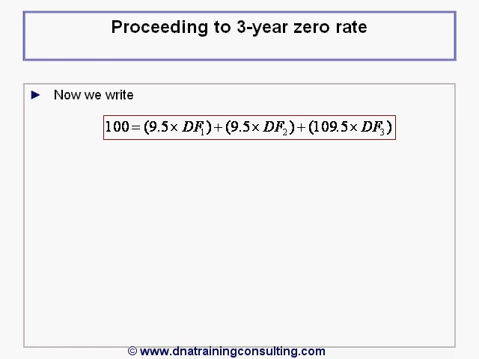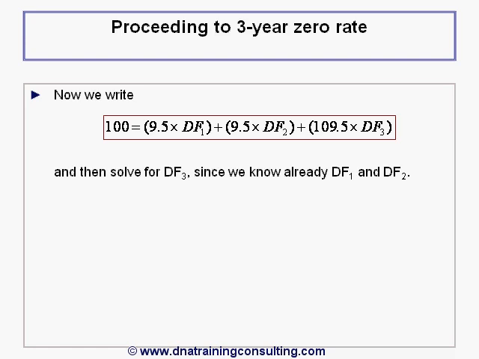And you remember to include in the last cash flow not just the coupon of 9.5 but also the principal, which enables you to solve for df3 since you already know df1 and df2.